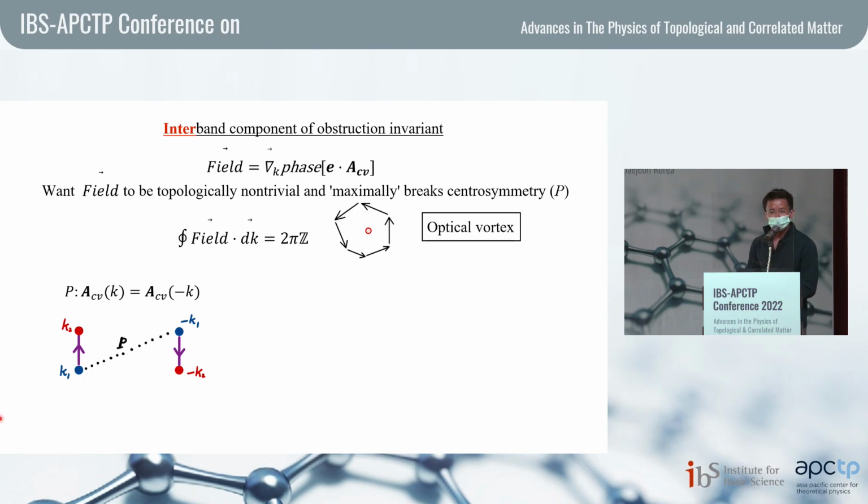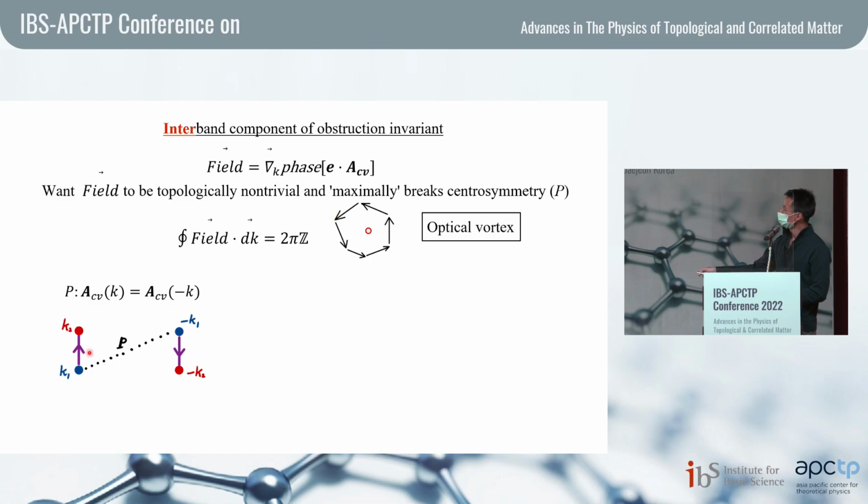So the effect of central symmetry is that the interband Berry connection at k equals the interband Berry connection at minus k. So if you think about this, the purple arrow is meant to represent one of the arrows in this vector field.